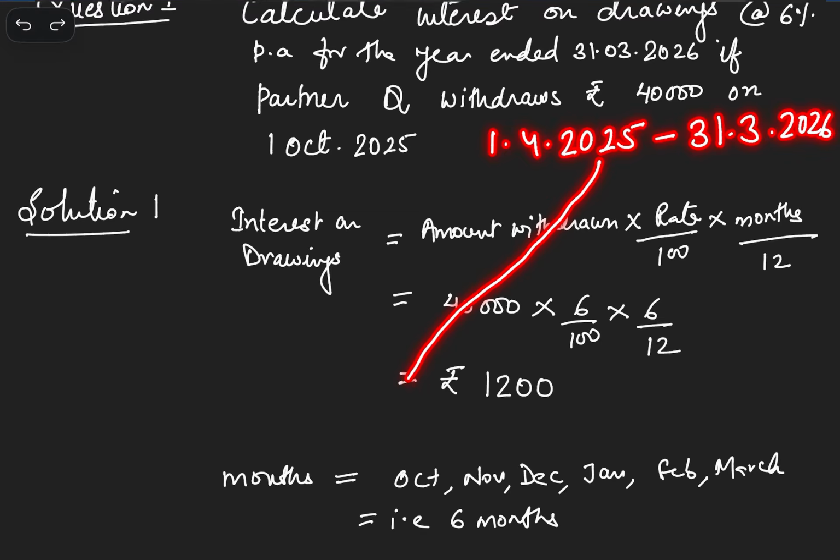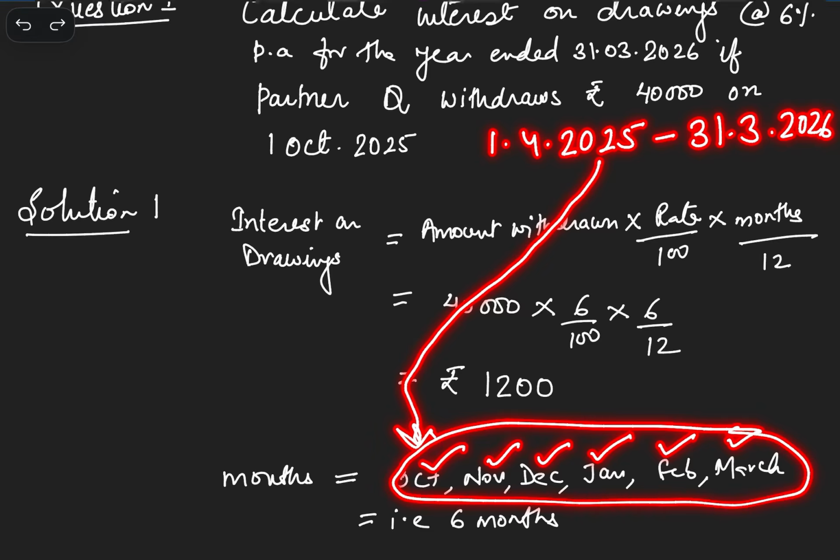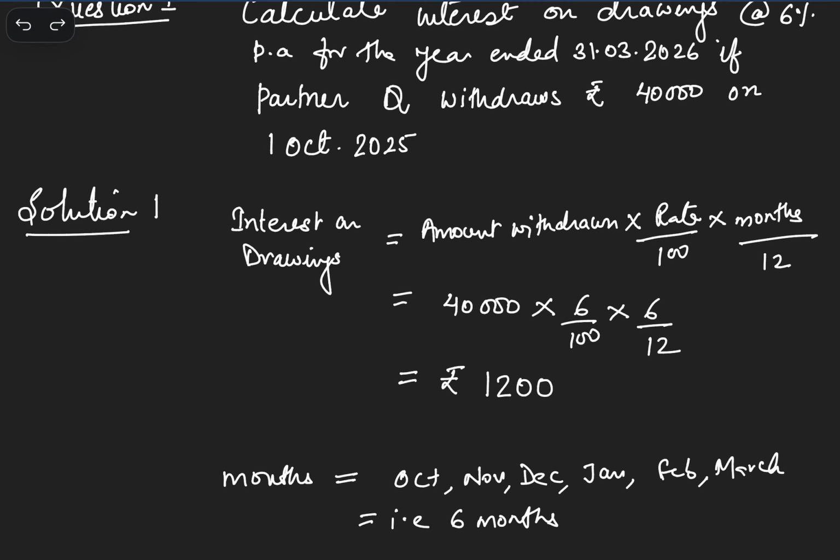So in this year, if we start calculating from October, we get October, November, December, Jan, Feb, March. So for 6 months the benefit has been withdrawn by the partner.